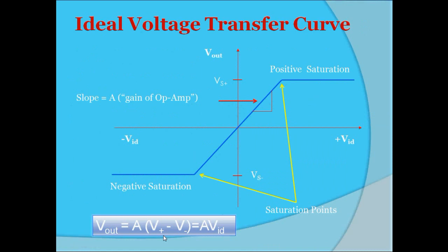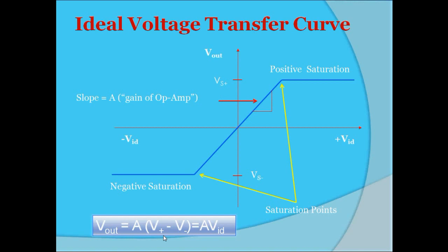The ideal voltage transfer curve we can define with the help of the output voltage equation. V out is equal to A into VID. VID is nothing but the difference between the two input terminals.